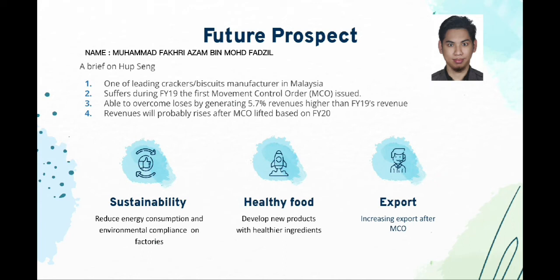This will continue to rise as the MCO has been lifted completely. The company has developed several future prospects to help the environment while producing biscuits. The future prospects are as follows: sustainability.